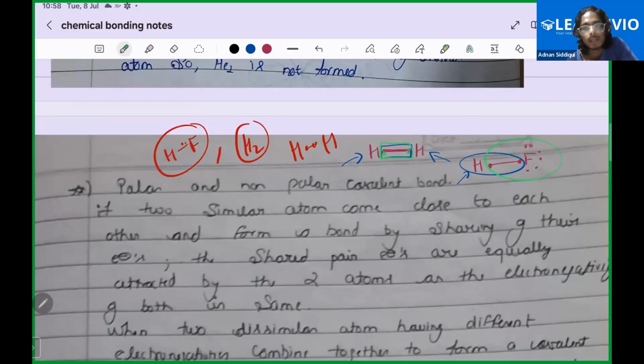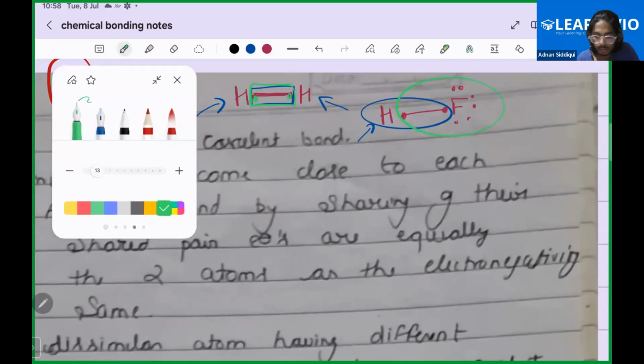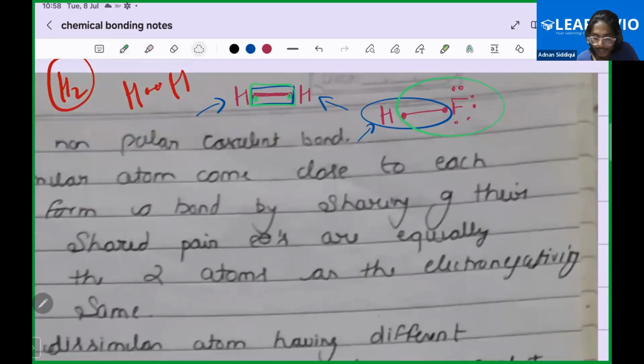What is electronegativity? Electronegativity is the tendency of an atom in a bonded state to pull the electron density on itself, right? So ideally, the electrons were supposed to be distributed in equal proportion, right? But due to fluorine's more electronegative nature, what is it going to do?